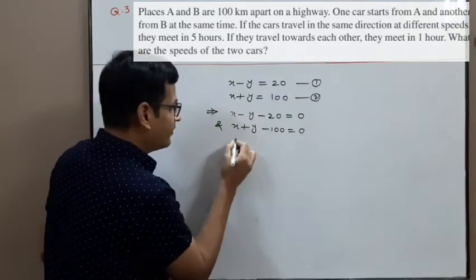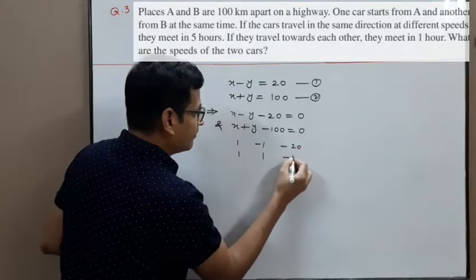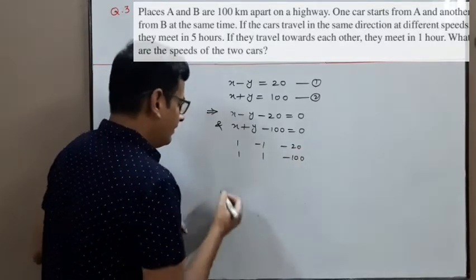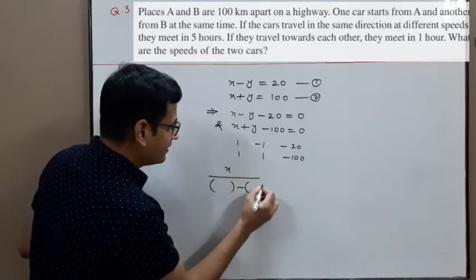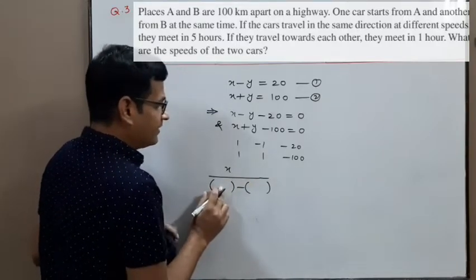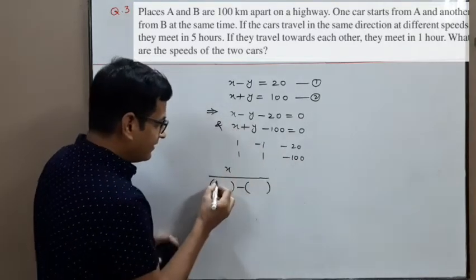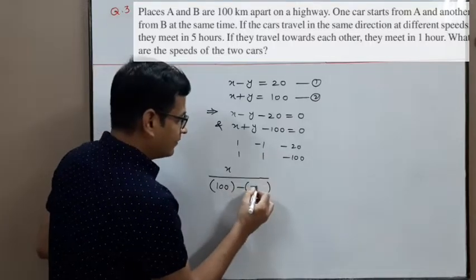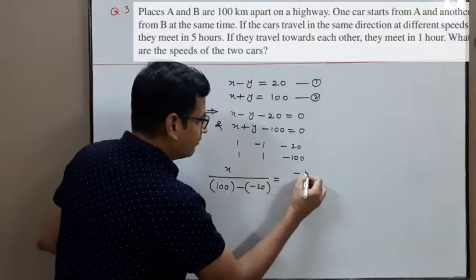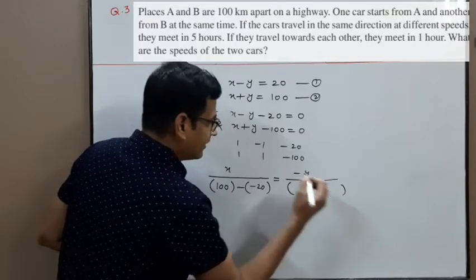Now the coefficients: 1, 1, minus 1, 1, minus 20, minus 100. x upon first bracket minus second bracket. In the first bracket we hide x and cross multiply: minus 1 into minus 100 minus this into this, minus 20, equal to minus y upon first bracket minus second bracket.